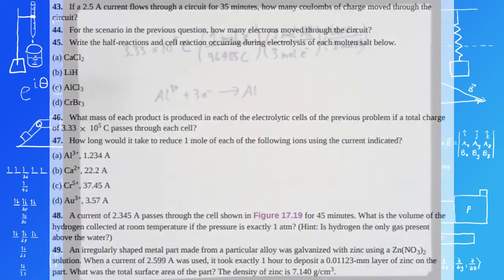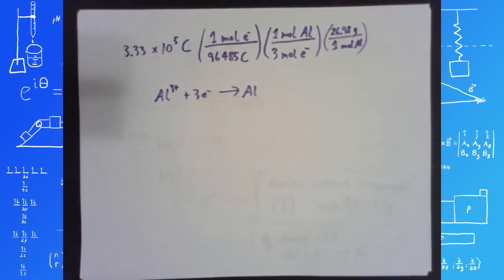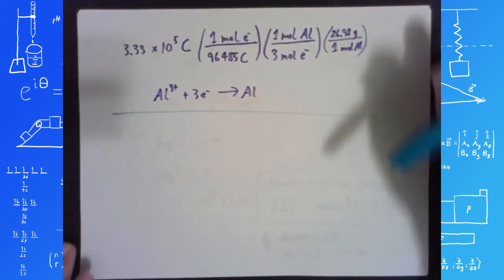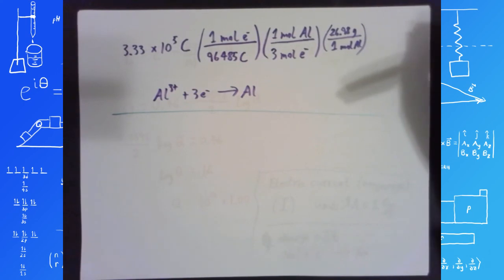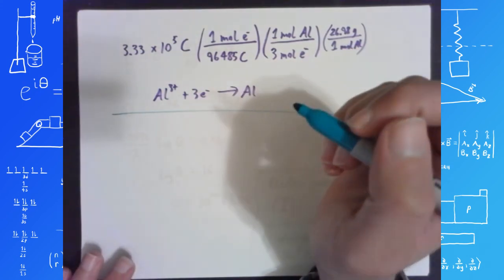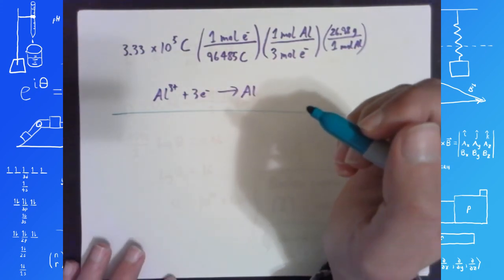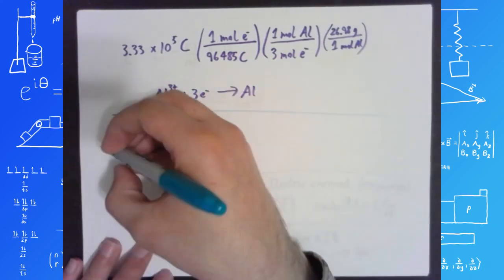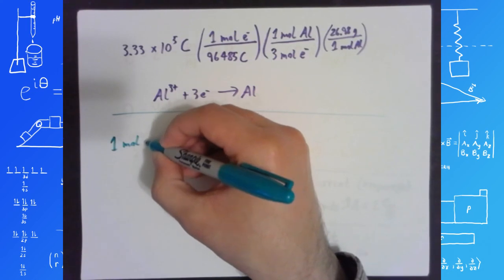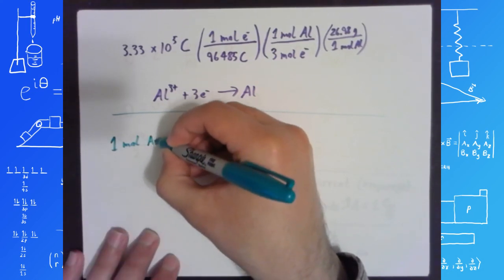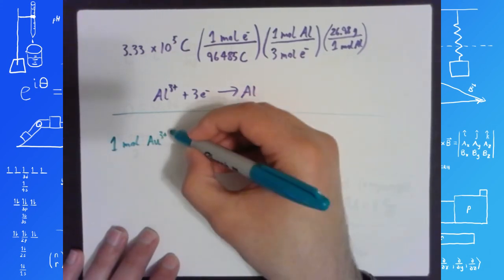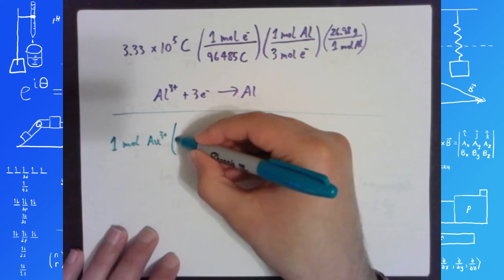Okay, let's see what we can do with this. So we need to figure out how much time it'll take. I know that it's just 1 mole. So if I've got exactly 1 mole of gold 3 ion, or solid gold, however you want to write it, it's not really of that much consequence.